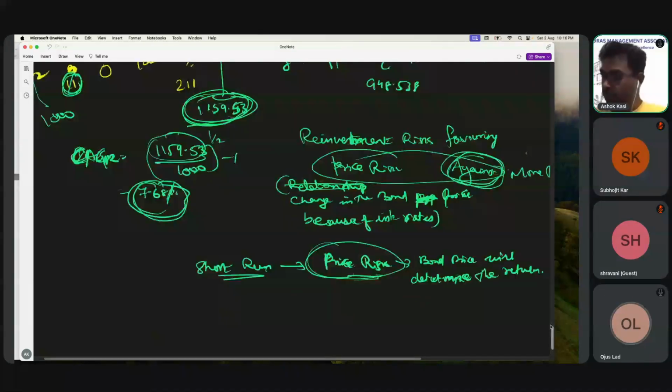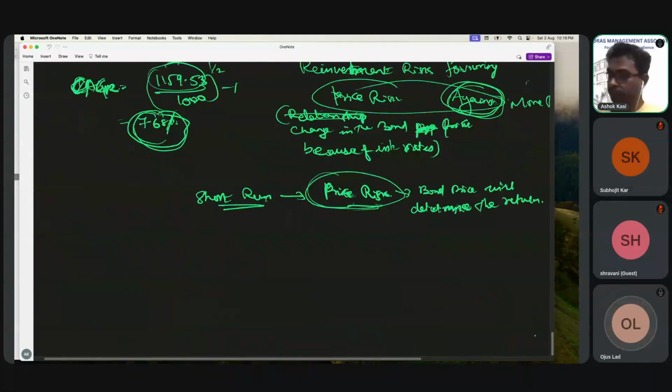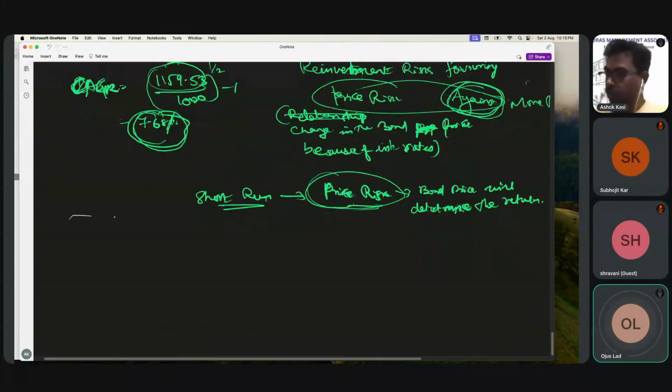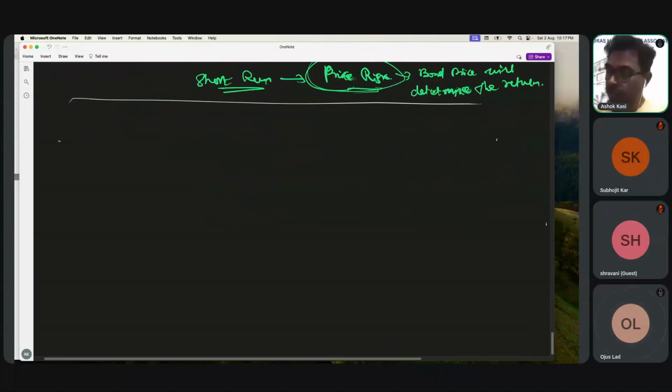Now we will take the other way around. What if the interest rate would have gone down? Then what would have happened? Let's see. The interest rate would have gone down.